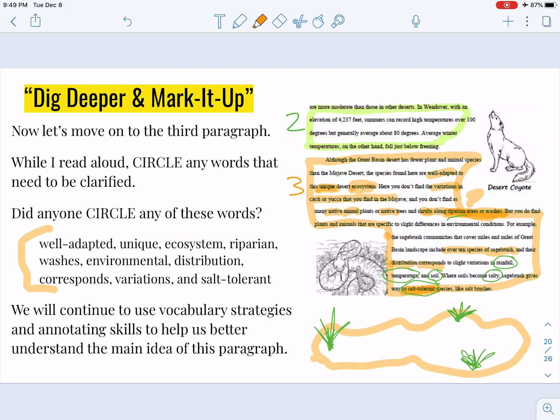We don't find the same things, and we don't find all of those things because the Mojave and the Great Basin are two different places, and they're each unique desert ecosystems, which means that they're not going to have the same kinds of plants and animals that everyone does.